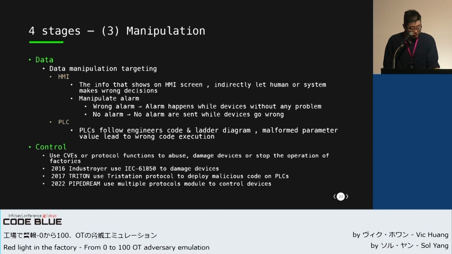For the control targeting, you can use CVEs or some functions from the protocols to abuse, damage, or stop the operations of the factory. So for example, in 2016, Industroyer used MMS in IEC 61850 to damage the devices, and also Triton used the TriStation protocol to deploy the malicious code on the PLCs.